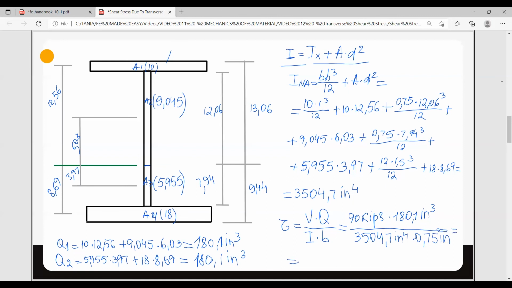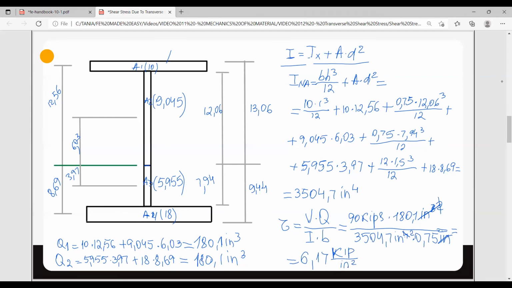We have 90, 180.1 multiply, 3,504.7, 0.75, and divide. So we're getting 6.17 kips over inch squared.